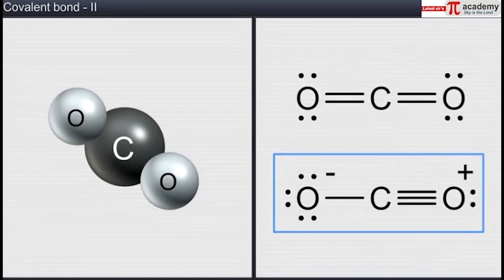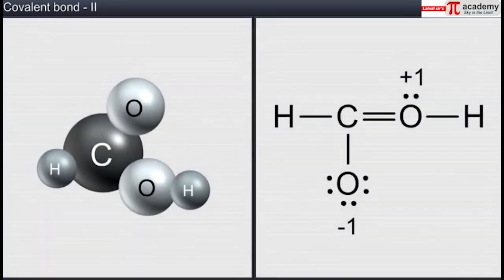The lowest energy structure is the structure with the smallest formal charge on the atom. Formal charge is the charge assigned to an atom in a molecule, assuming that electrons are shared equally between atoms in a chemical bond.